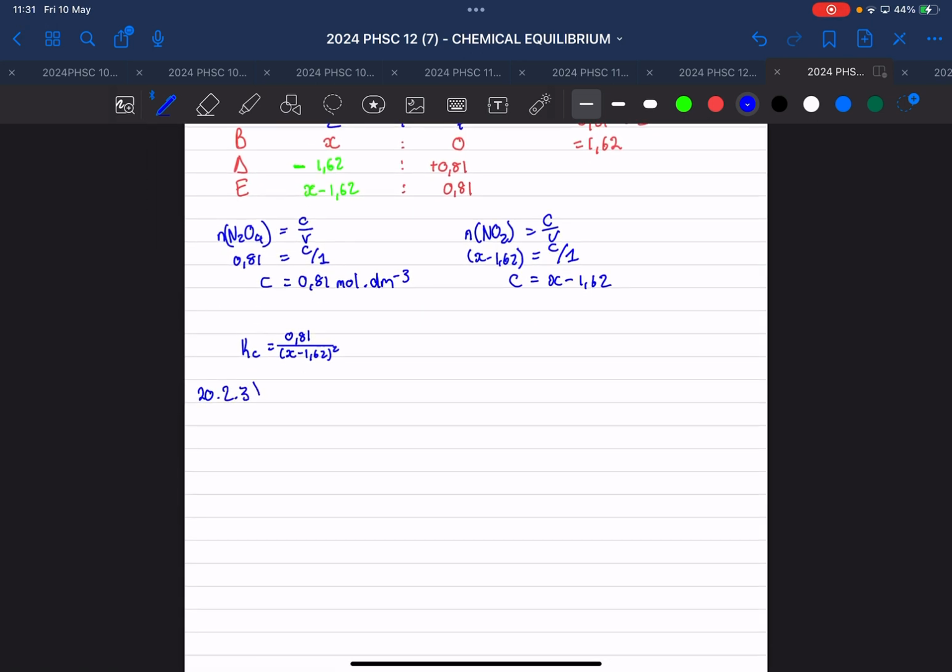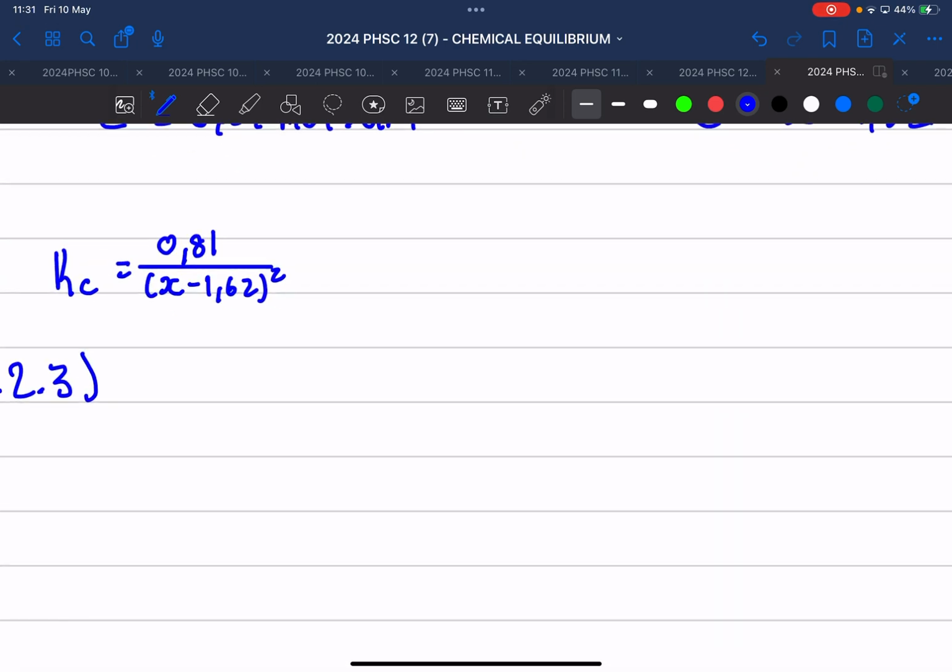We're going to create a new mole table, because we have changed some stuff. So we start with NO2, the 2 in front, and N2O4, which has a 2:1 ratio.